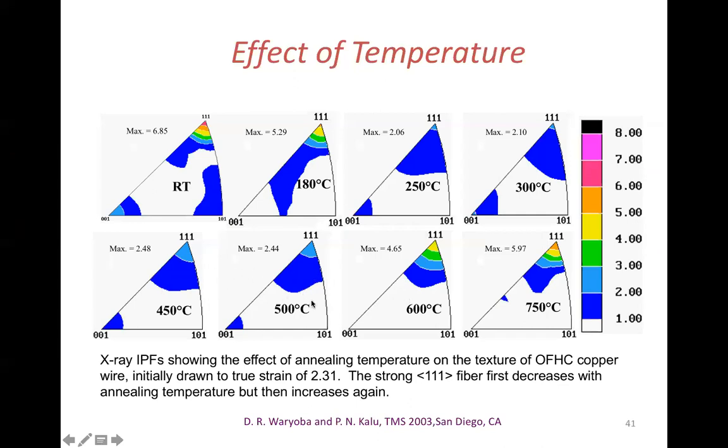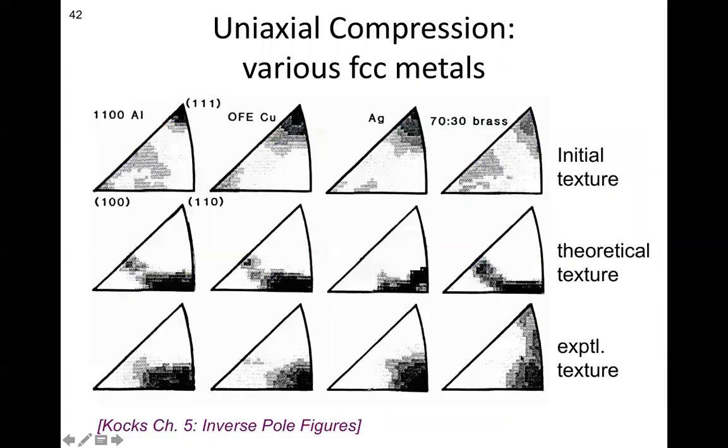And then once we get past 500 and start to go up again, we start to essentially eat up. We reverse the randomization. We eat up the cube component, and we basically become all 111 again. And there's a lot of questions about what are actually all the mechanisms of what's going on here.